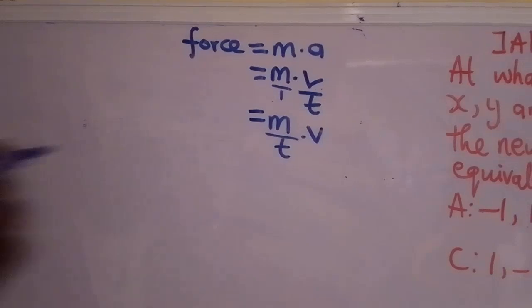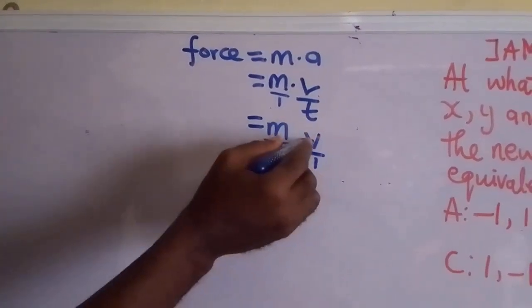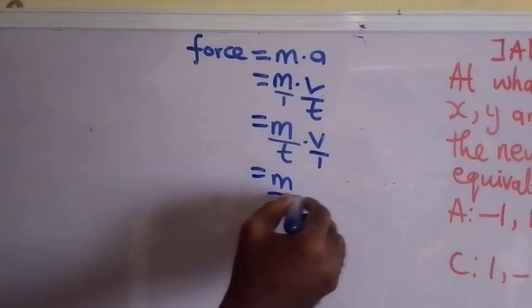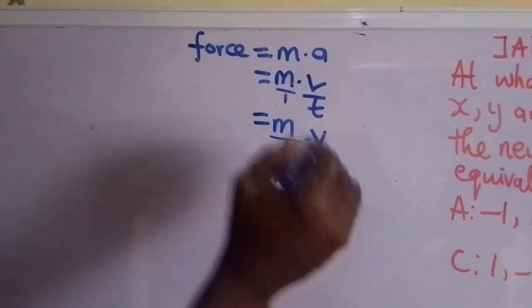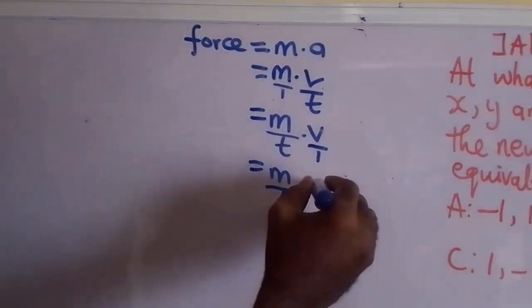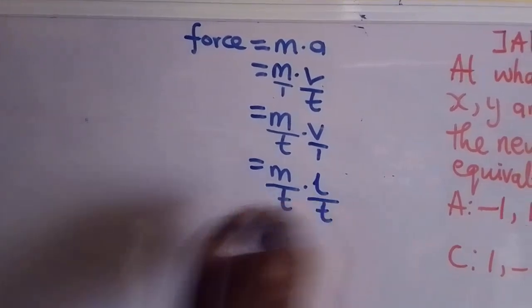I hope that makes sense. So we leave it this way, V over 1. We still have a derived quantity here. So these two are fundamental. We leave them. Times, do you remember, the formula for velocity is distance over time.